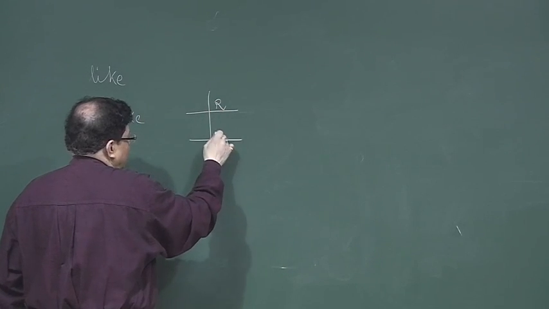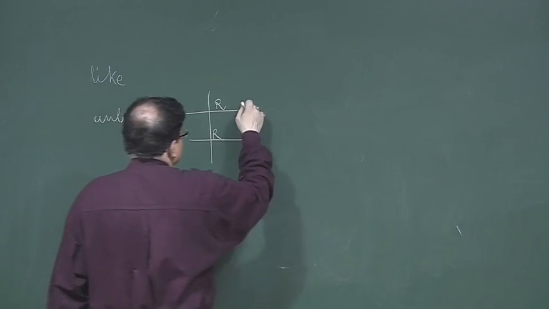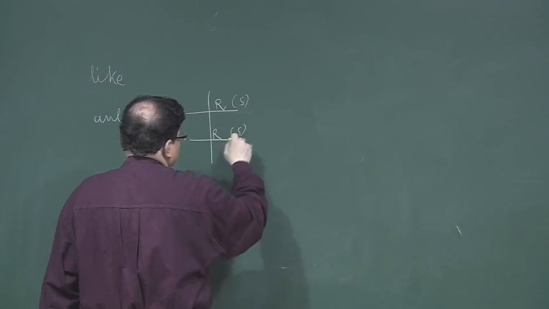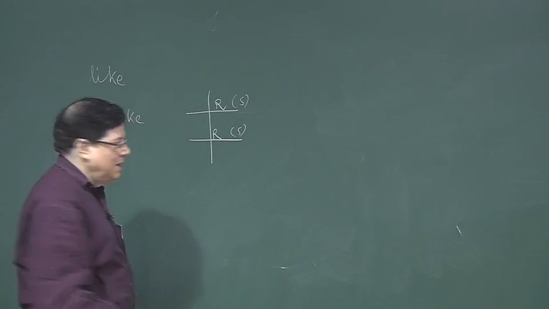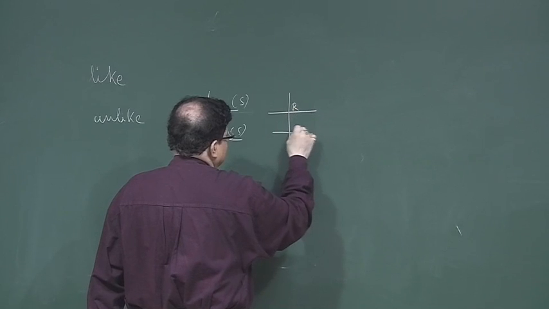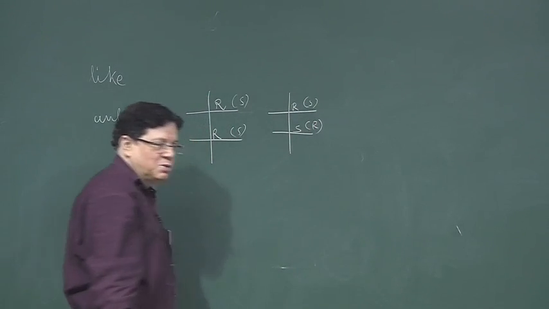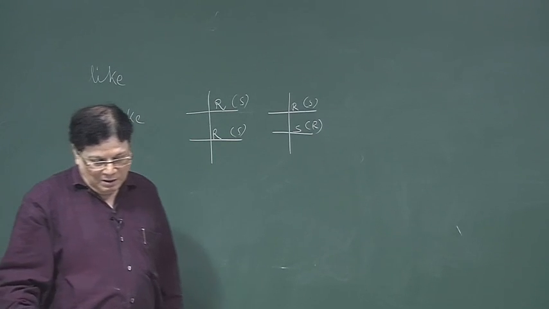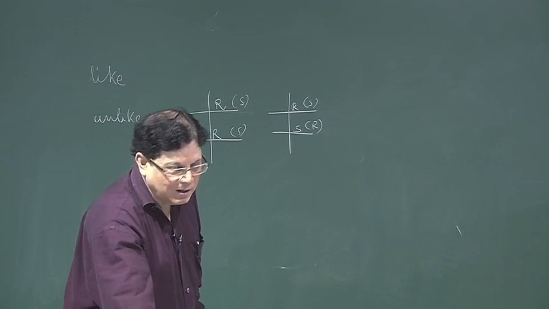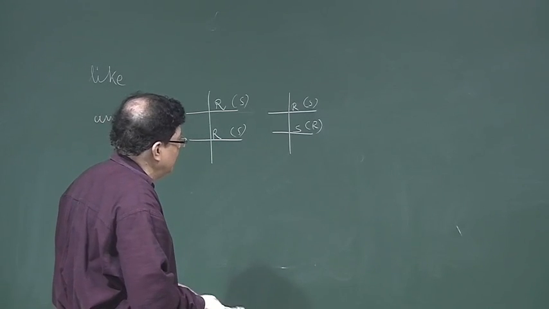Suppose this is R and this is R, that is a like system, or this is S and this is S, that is also a like system. For the unlike system, this is R and this is S, or this is S and this is R. This was proposed by Seebach at ETH, a famous university in Switzerland.